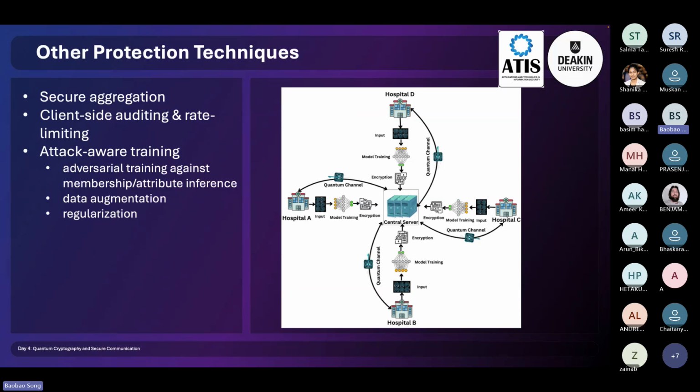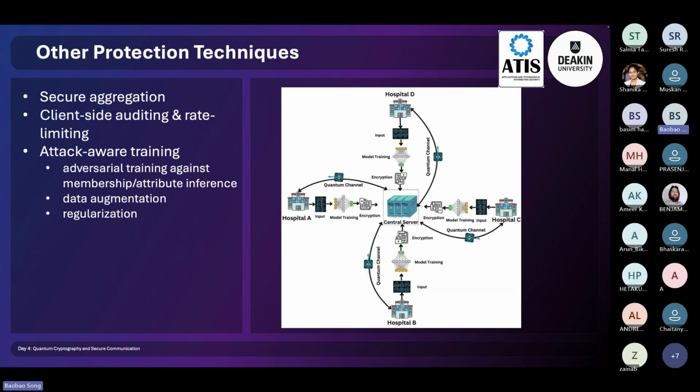quantum differential privacy is only one of the tools that can provide privacy for the quantum model, or we say quantum federated learning. It is a good tool because it is very easy to apply, and the complexity is not high. It's a lightweight method. It is easy to add the noise, but in some cases, when you add more noise, the data utility, or the model performance, will be lower.